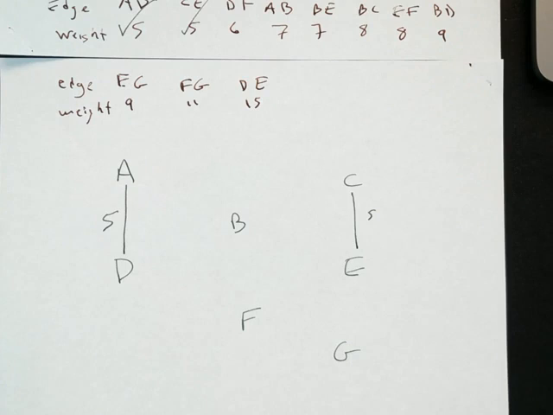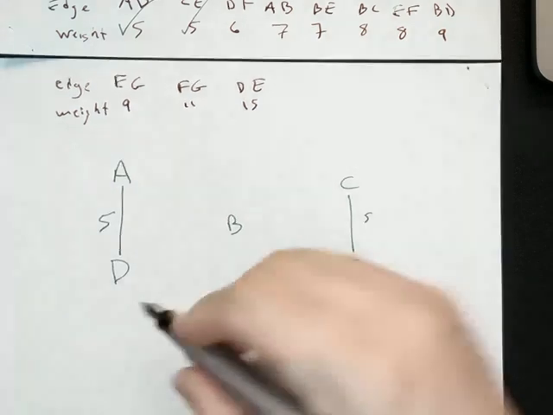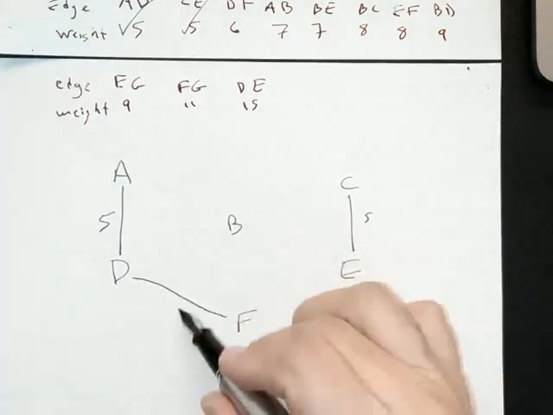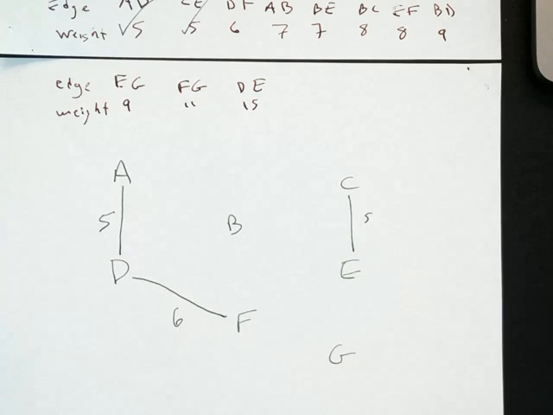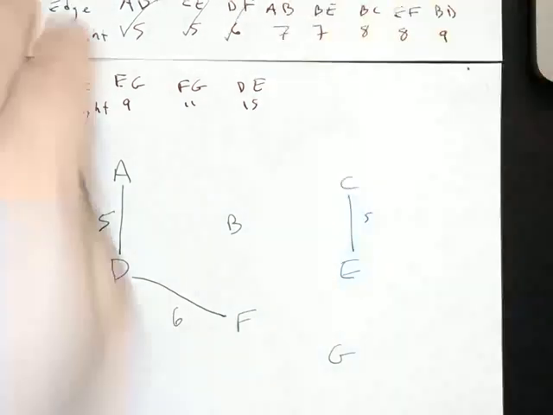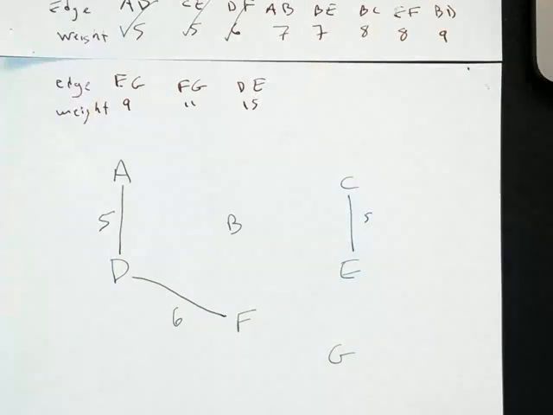Onward. Third edge in the list is DF. My total weight is 16. Did I make a cycle by adding this edge?